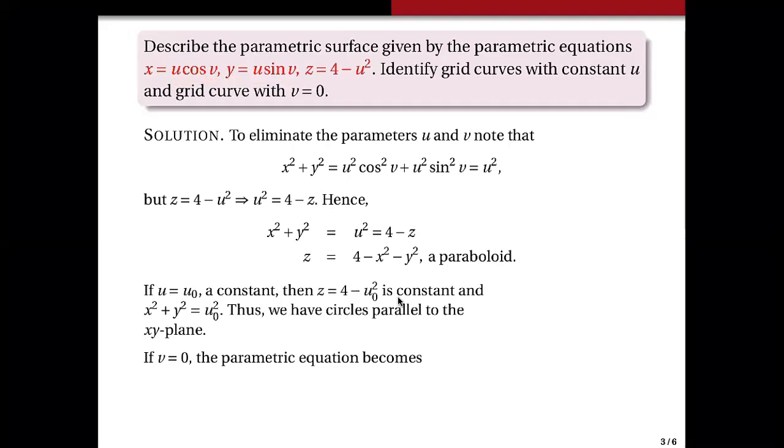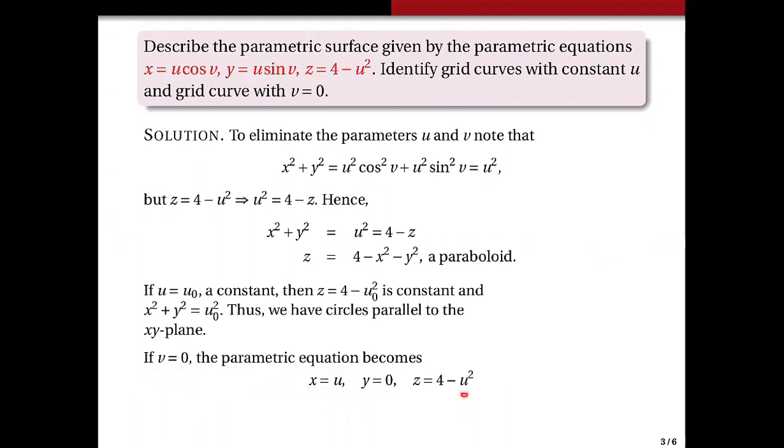So x equals u, and y equals sine 0 times u, which is 0, so this will disappear in your equation. If v equals 0, the parametric equations are x equals u, y equals 0, and z equals 4 minus u squared.